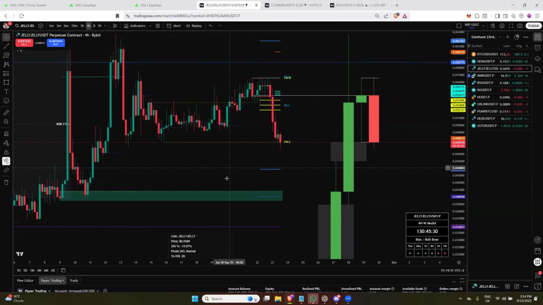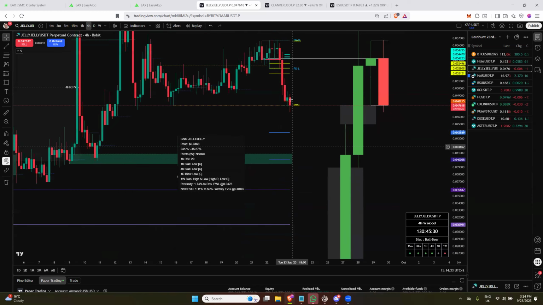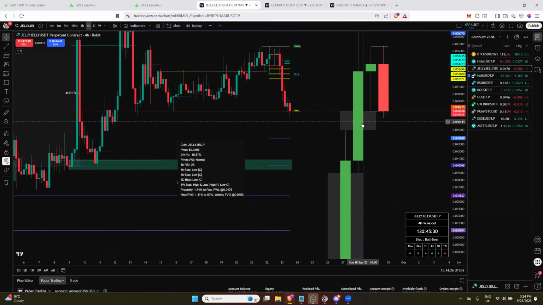Yeah, so this is indicating that RSI is obviously claiming the weekly fair value gap. So this would be where, in my anticipation, you would see some form of manipulation or movement.